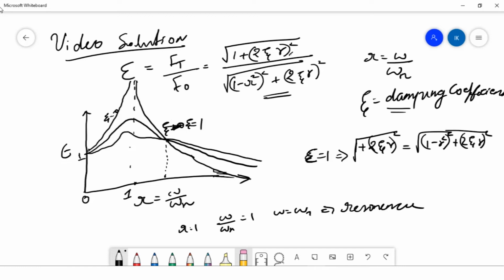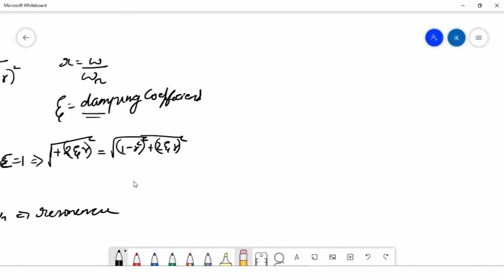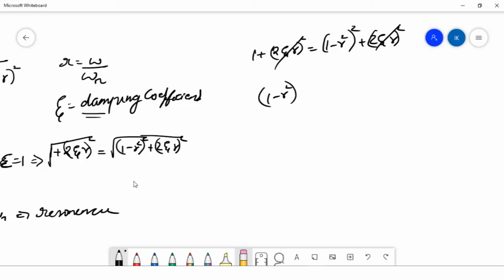Now taking the square on both sides, 1 plus (2 zeta r) whole square equals (1 minus r square) whole square plus (2 zeta r) whole square, and this term will cancel. So (1 minus r square) whole square equal to 1.